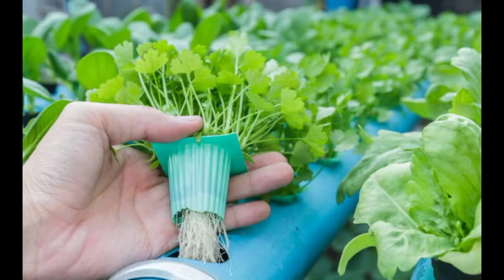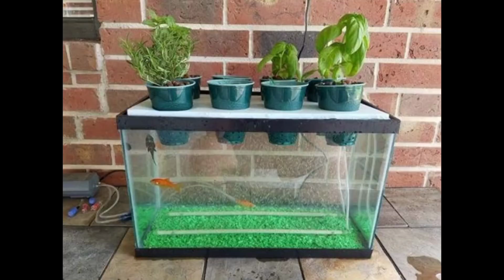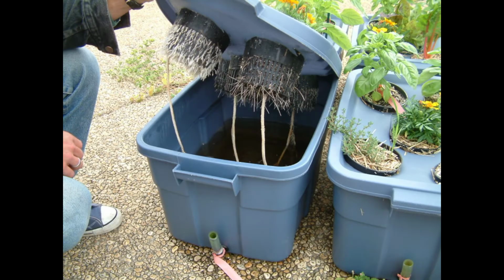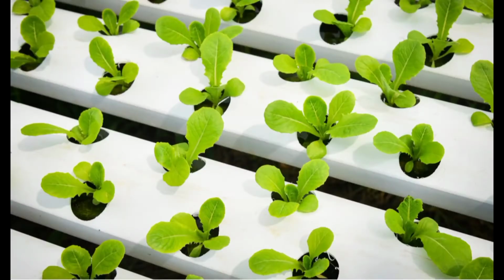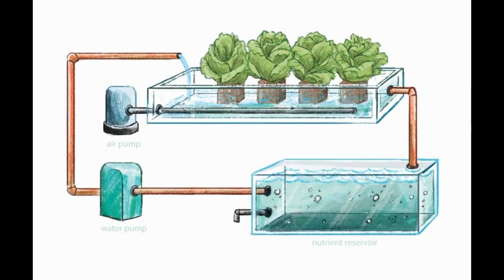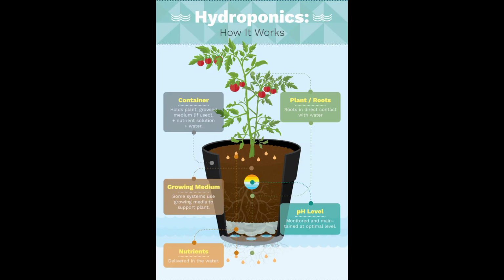In hydroponic systems, the roots of plants are submerged in liquid solutions containing macronutrients such as nitrogen, phosphorus, sulfur, potassium, calcium, and magnesium, as well as trace elements including iron, chlorine, manganese, boron, zinc, copper, and molybdenum.